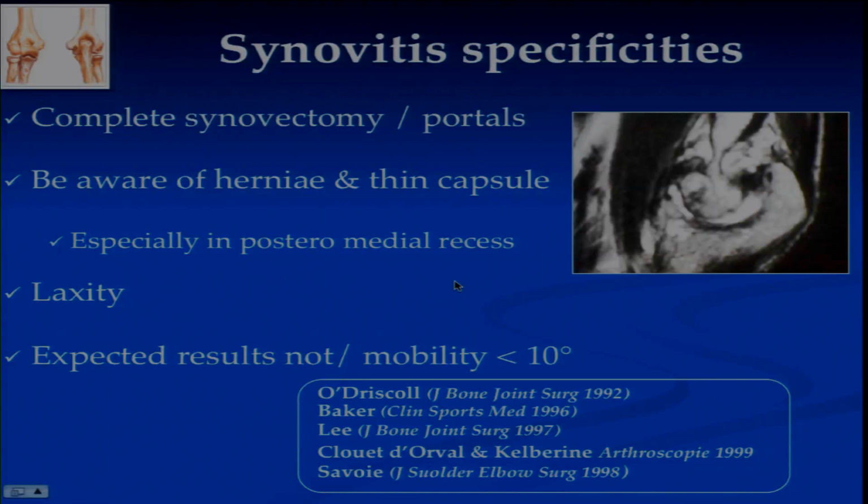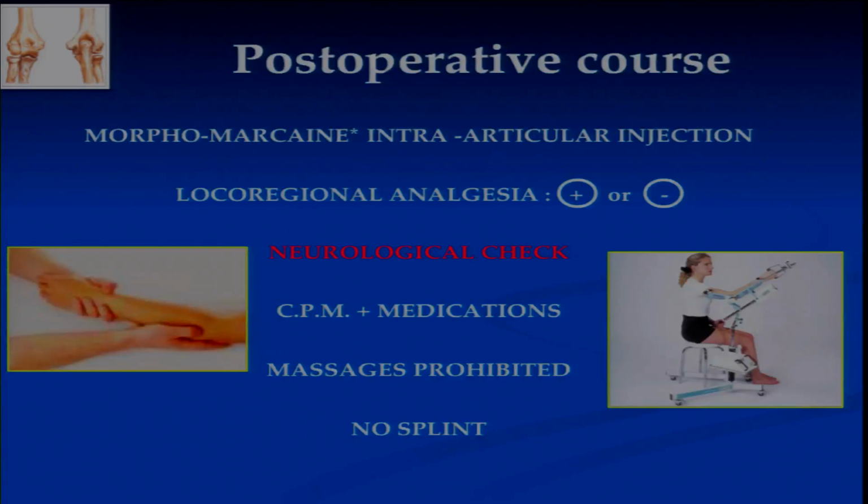And in case of synovitis, surprisingly, you can expect a lot of resolution of the symptoms, but not of the mobility. For the postoperative course, in my experience, I inject some analgesic intra-articularly.